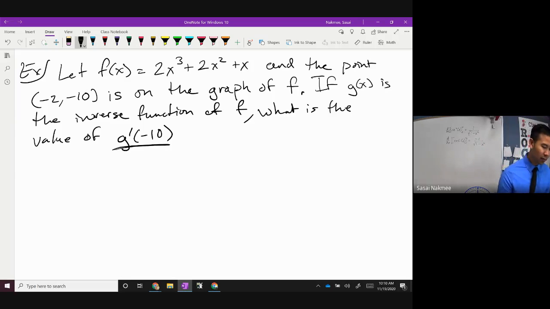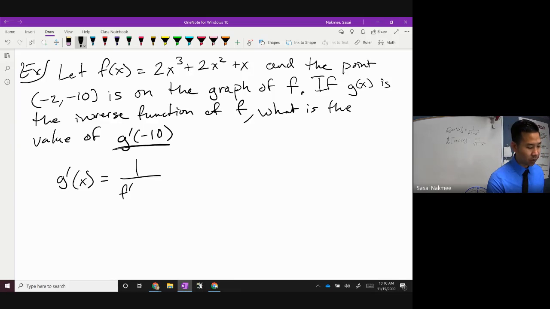You ready? Here we go. So let's say I was asked to do this. Well, I know that the derivative of the inverse function is equal to 1 divided by the derivative of the original function evaluated at the inverse function of that point that I care about. The point in question right now is -10. So I'm going to be looking for the derivative of f, but not at x, but at whatever g of -10 is.